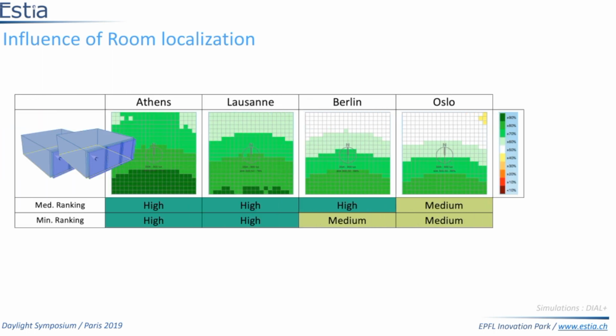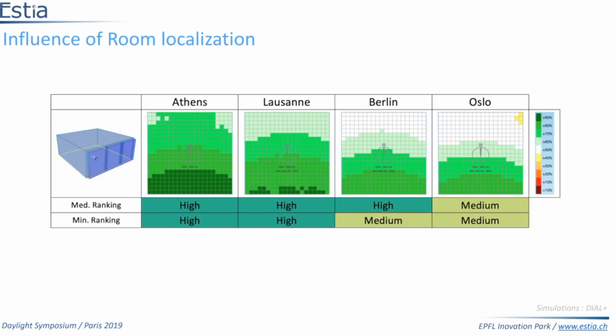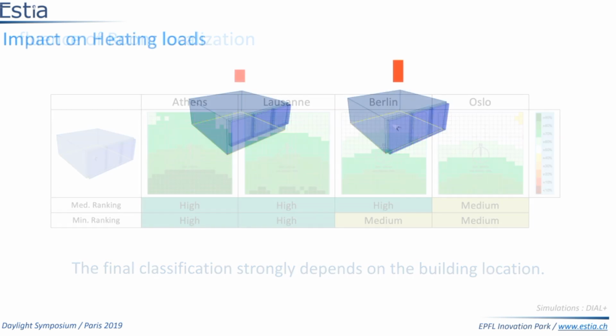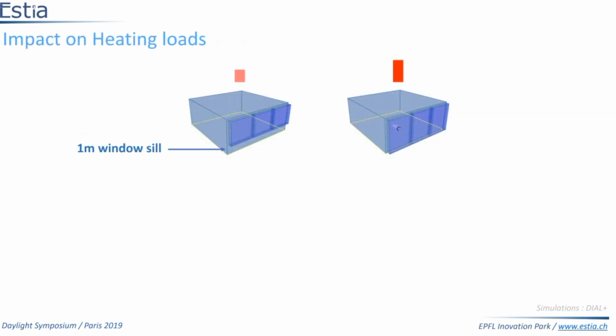Now, just a view on the influence of localization, latitude. Of course, the same room in Athens or Oslo doesn't reach the same ranking. For me that's a problem, because if you push, for example in Oslo, to increase the glazing ratio, then you will have an influence on the thermal performance of the room.